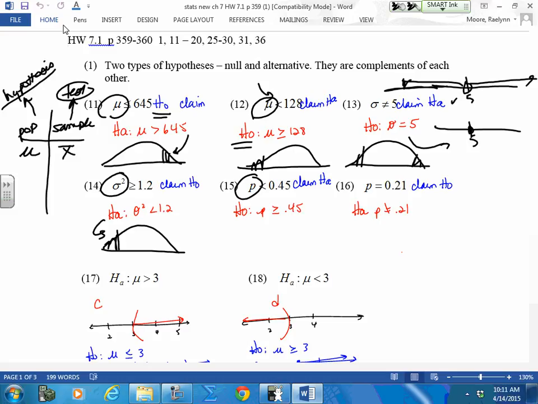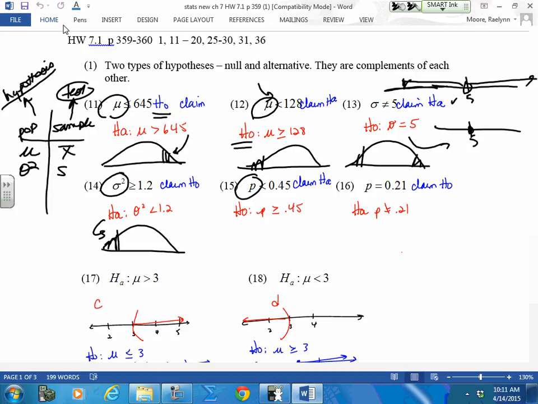This is really important. You're making an inference about your population. Somebody made a claim that its variance was greater than or equal to 1.2. So that's a claim to say all the population of this thing, the variance would be greater than or equal to 1.2. You decide you don't like that claim or you want to challenge it, you test it using your sample information. But you're still making the inference about your population.